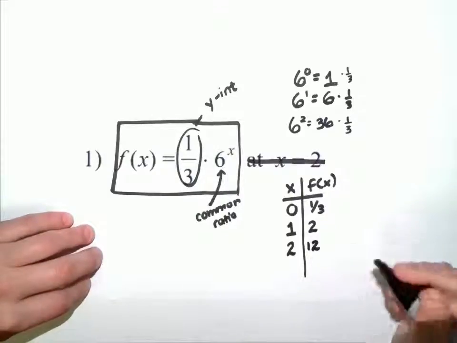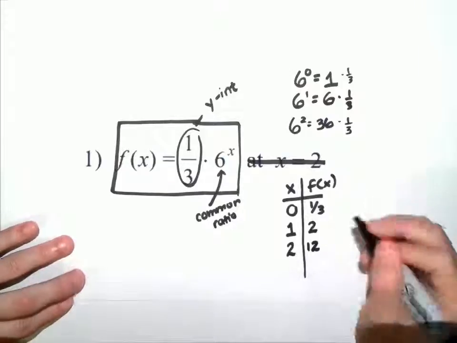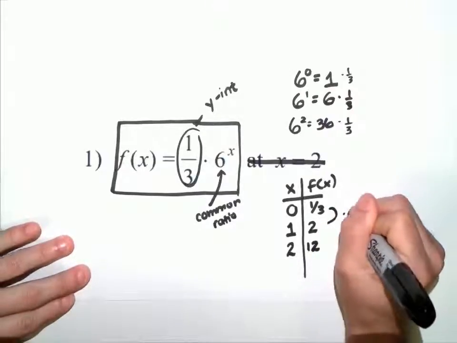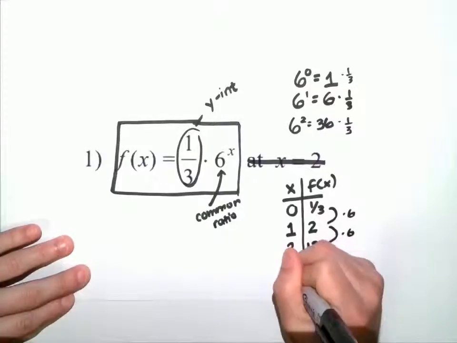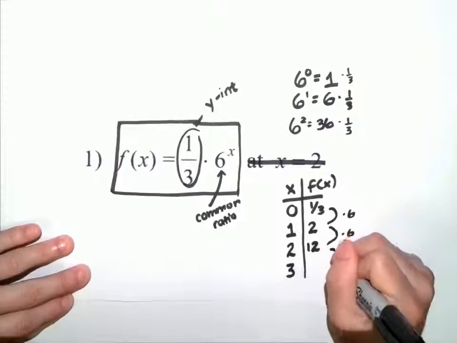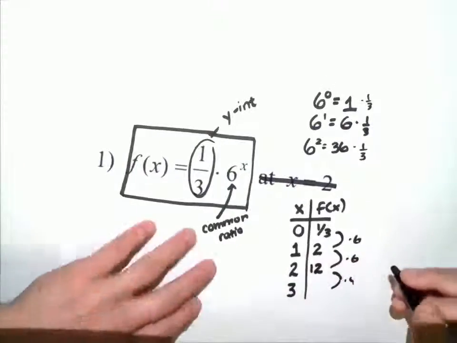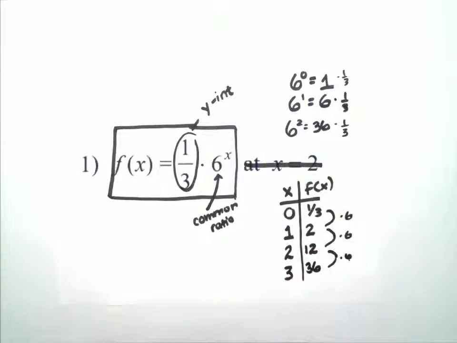And we could go on and on here, and hopefully we've already started to notice a little bit of a pattern. From 1/3 to 2, I had to multiply by 6, and from 2 to 12, I had to multiply by 6. And so if I was going to look for input 3, I could also multiply by 6 here, and I would get 72, and so on and so forth.